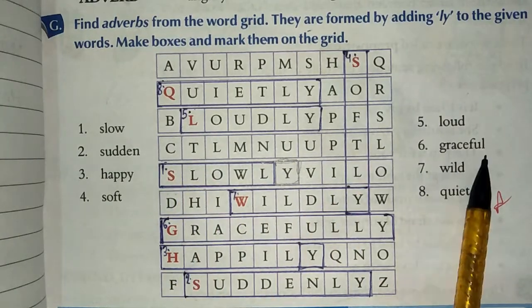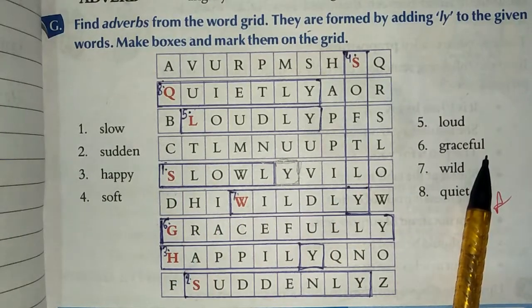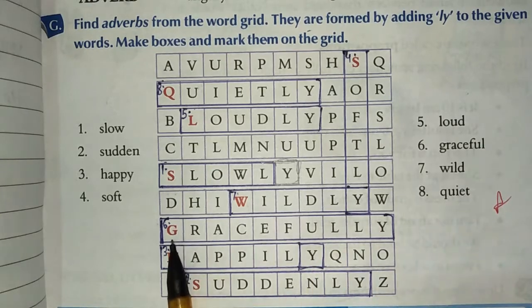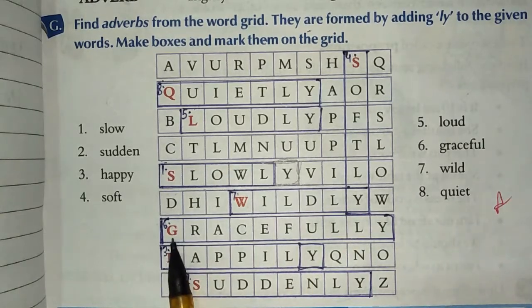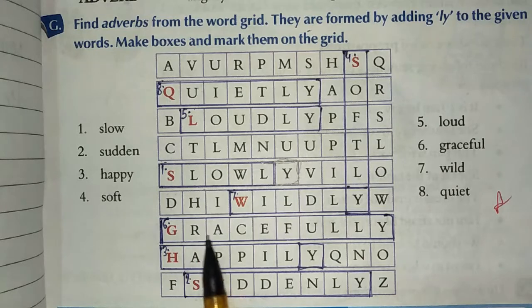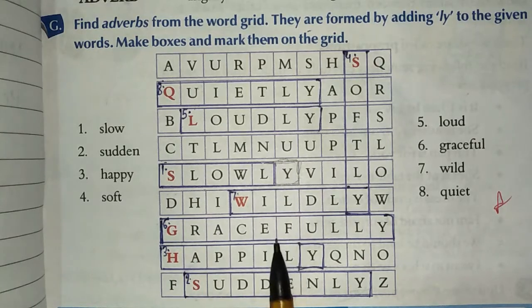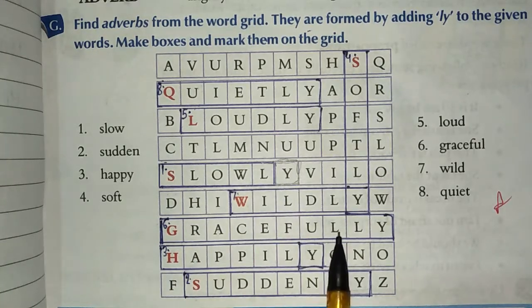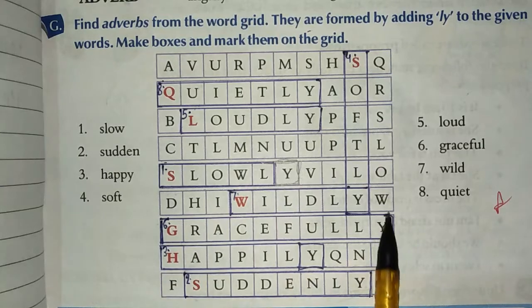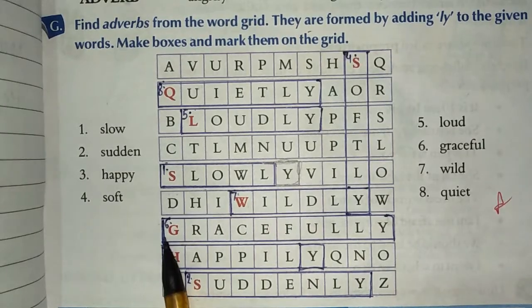Number 6 is graceful. अब graceful से कौन सा adverb form करेंगे? gracefully. So look here. G is given. GRACEFULLY. This is gracefully. So make box and write number 6 here.